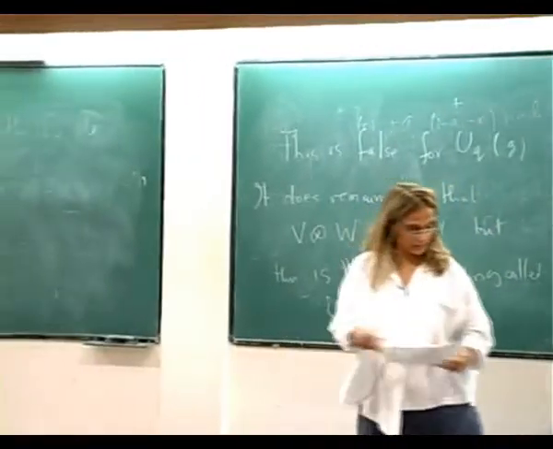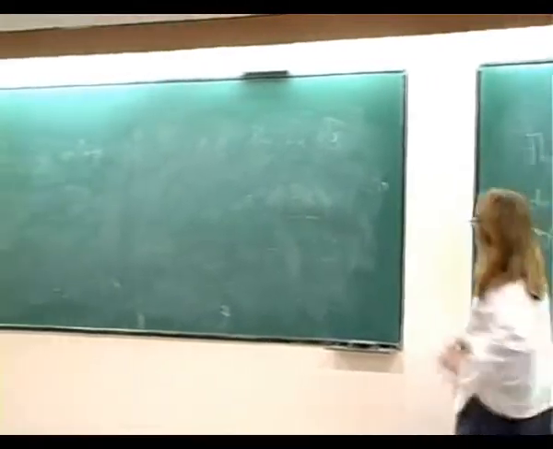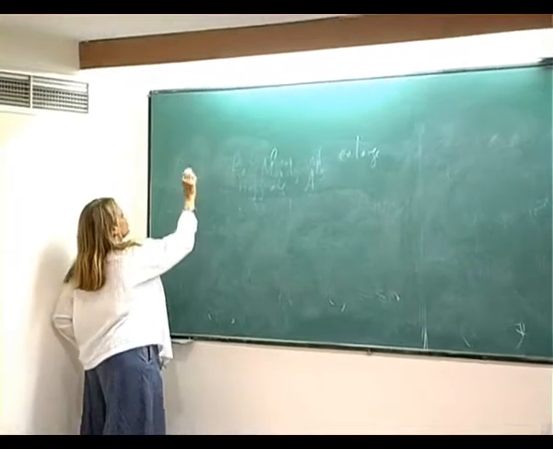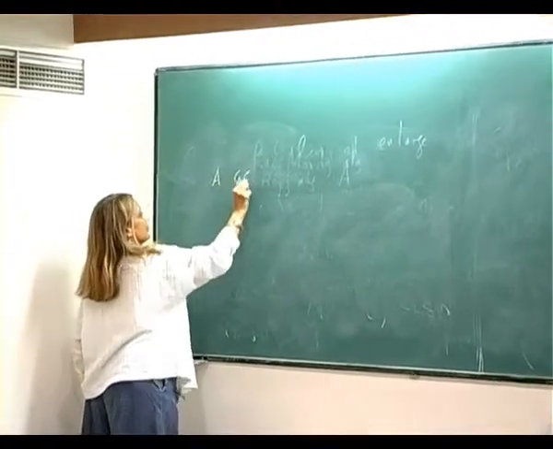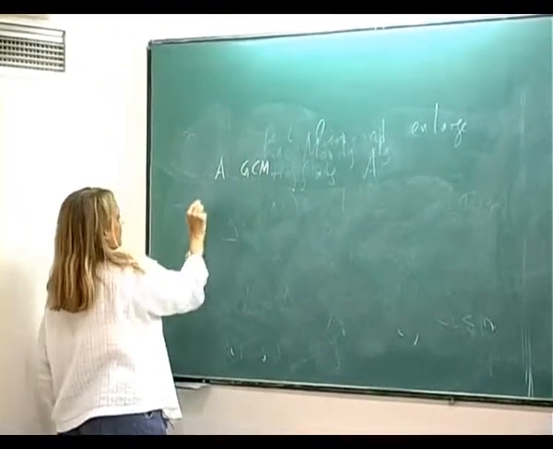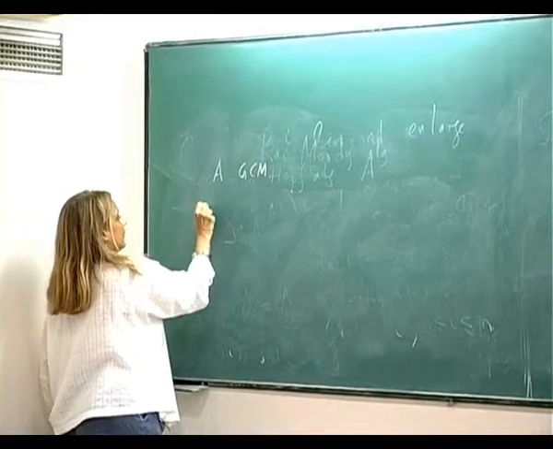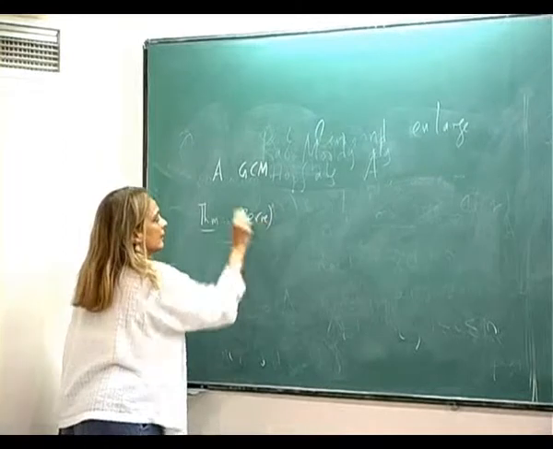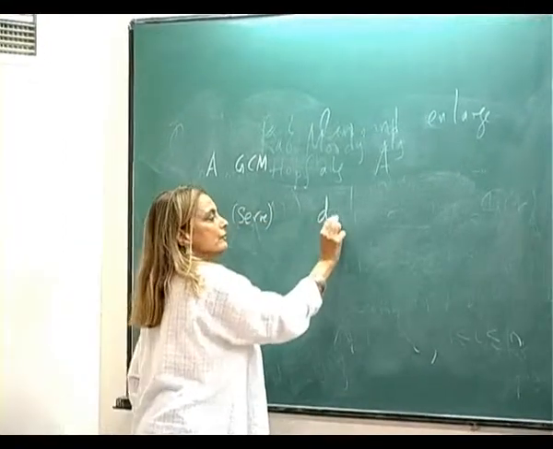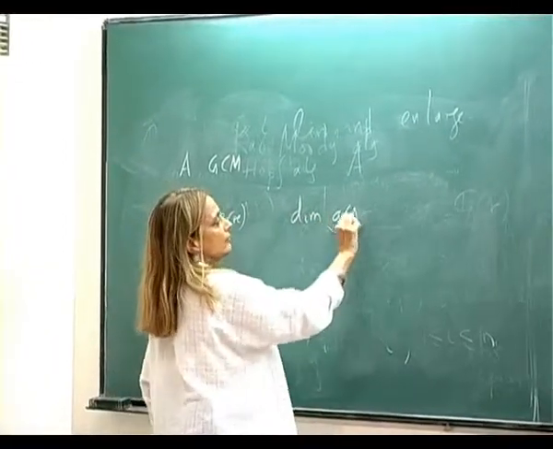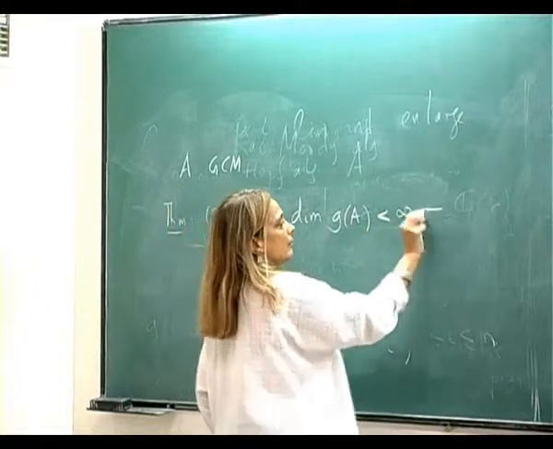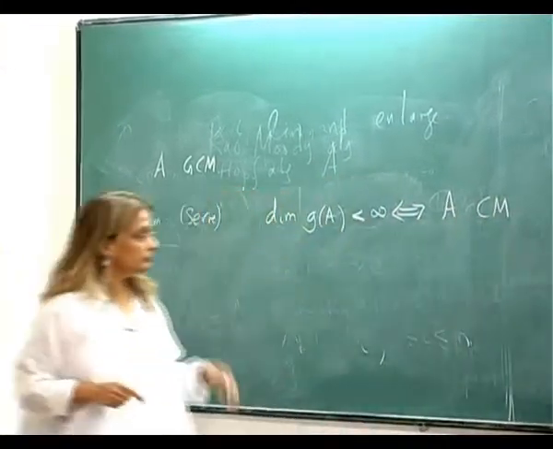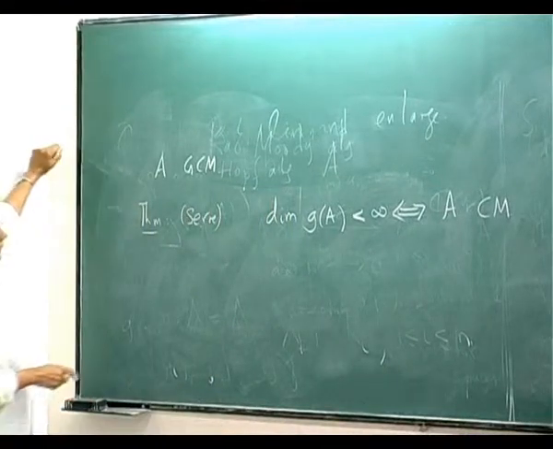So A is a generalized Cartan matrix. One result that I should have stated earlier, which you can think of as the theorem of Serre, is that the dimension of GA, the Kac-Moody algebra, is finite if and only if A is a Cartan matrix.